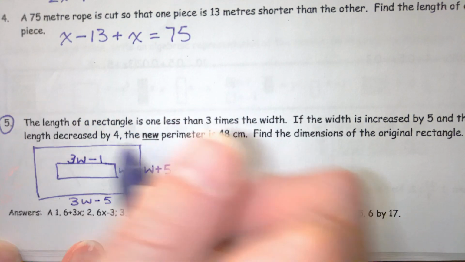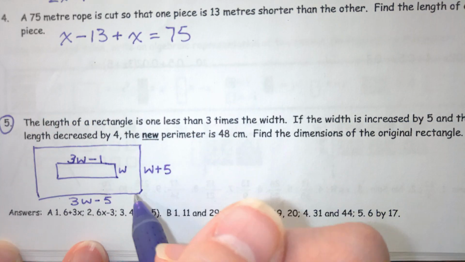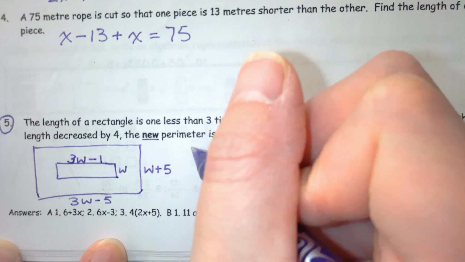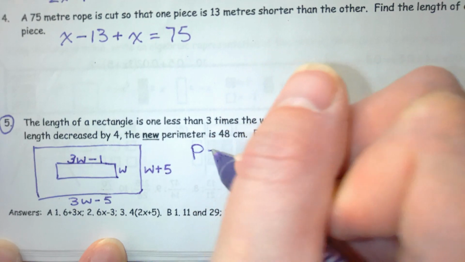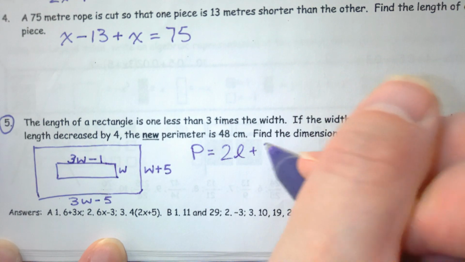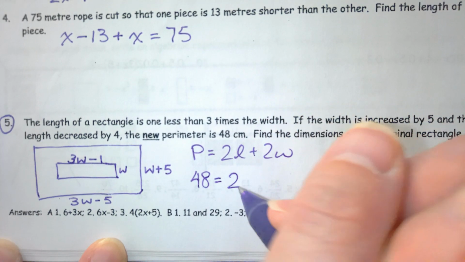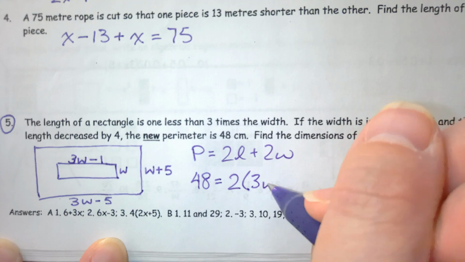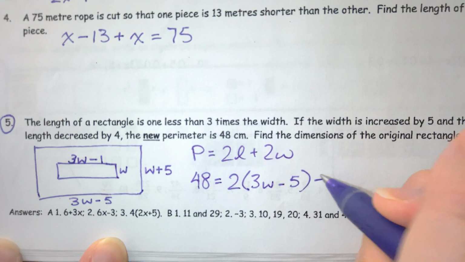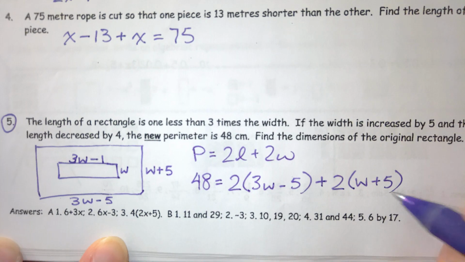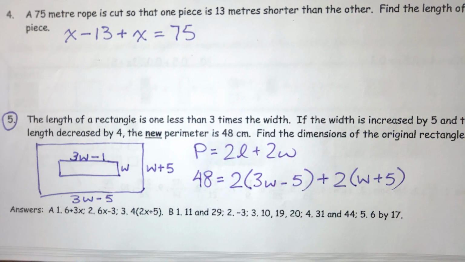To get the perimeter of the whole outside, you just add up all 4 sides, or you can do perimeter equals 2 times the length plus 2 times the width. So 48 equals 2 times (3W minus 5) plus 2 times (W plus 5). And then you can solve from there.